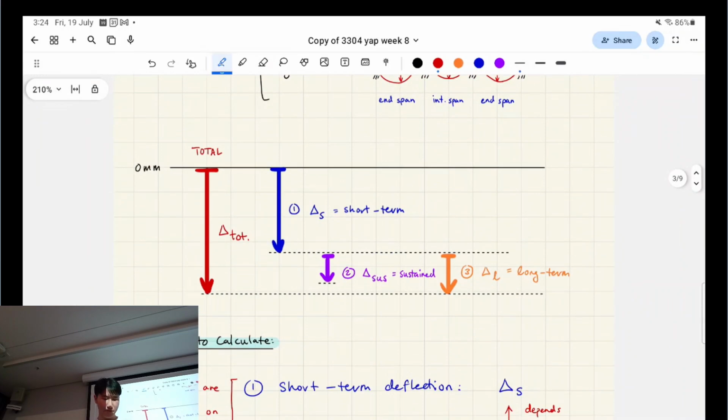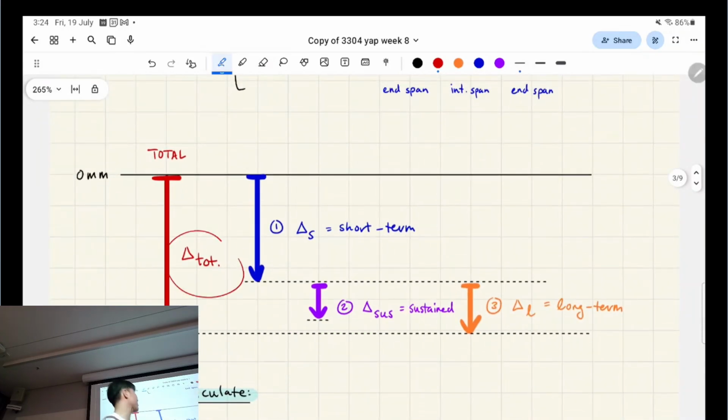But anyway, the total can be thought of as this red part here. And then the short-term portion is that elastic portion I was talking about, which is just another way of saying it happens nearly instantly. And then we have our sustained deflection and our long-term deflection.